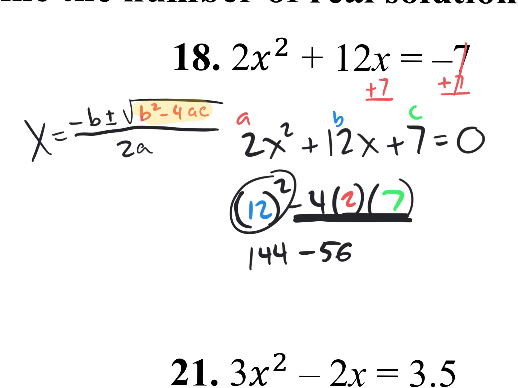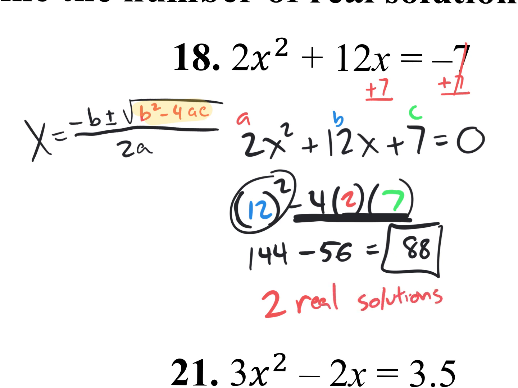So 144 take away 56 equals 88. So our discriminant is 88. It's a positive 88, which means how many answers do we have? 1, 2, or none? 2. That's right. The 88 is positive, so you have 2 real solutions.